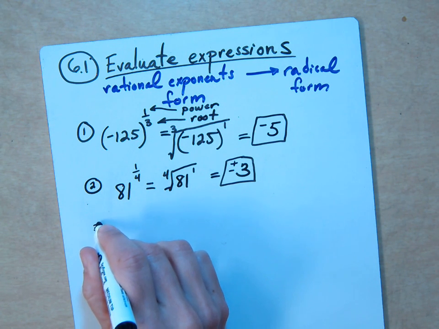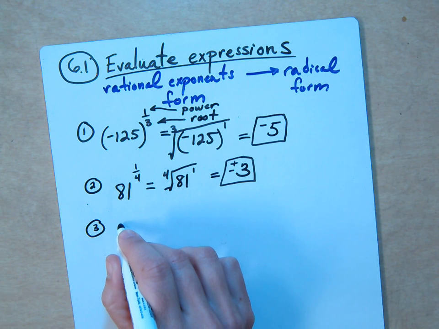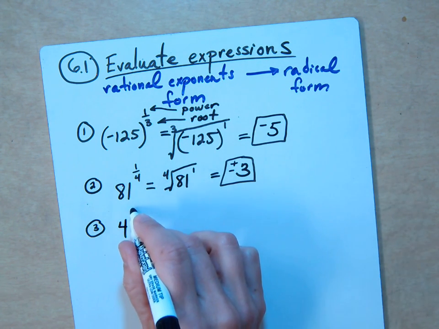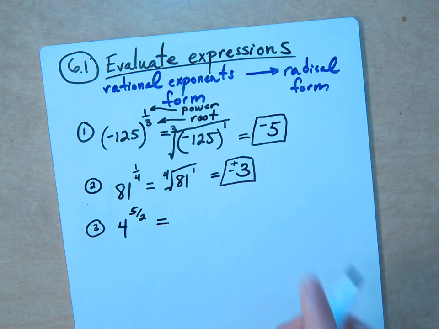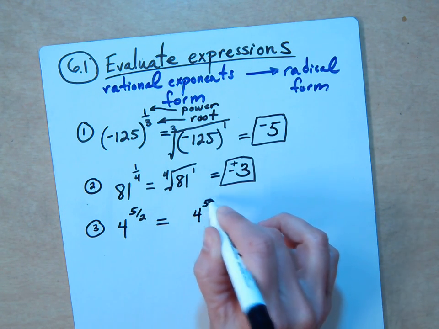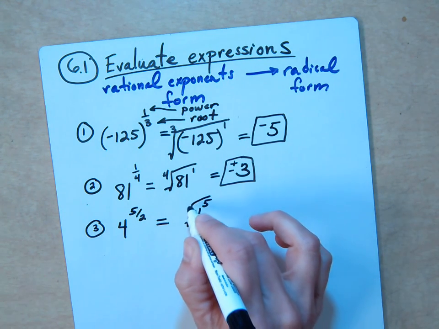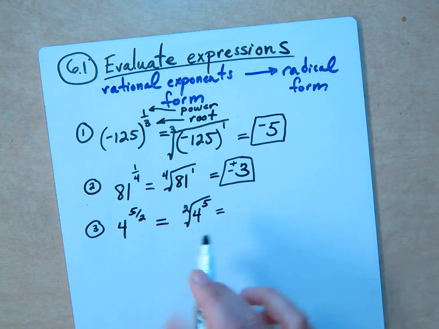Let's try this. 4 raised to the 5/2 power equals, so what's the power? Good. 4 raised to the 5th power, that's going to give us kind of a big number if we do that first, so I would rather do the square root first. The order doesn't matter, so definitely make the number smaller first.